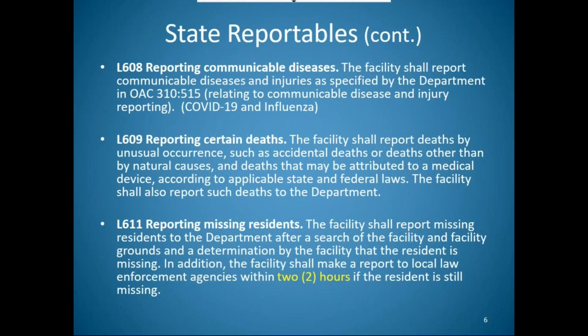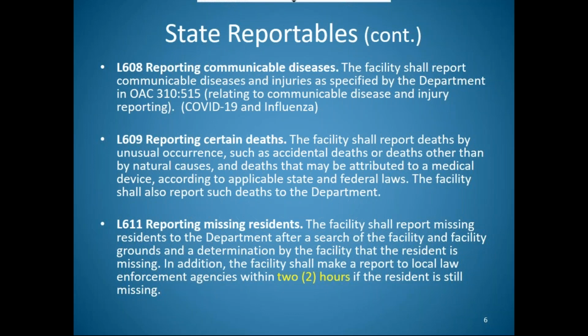608 talks about reporting communicable diseases. And of course, the facility shall report communicable diseases and injuries as specified by the department in OAC 310-515. Most facilities have a document that lists out a whole bunch of diseases that need to be reported to the acute disease department at the health department.